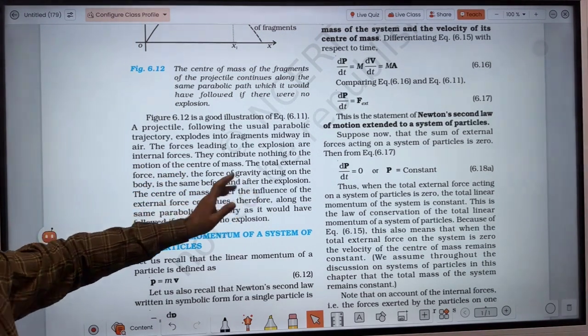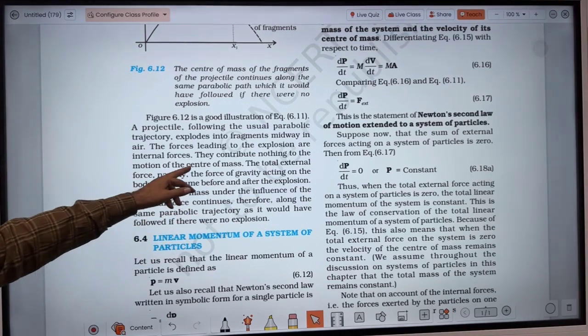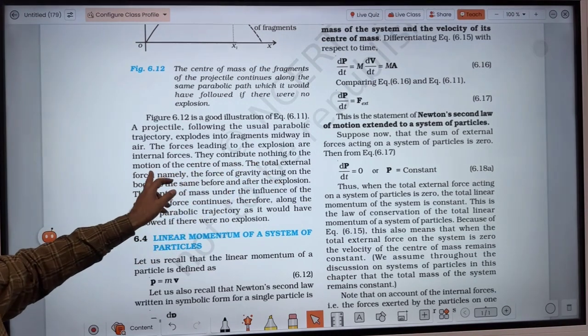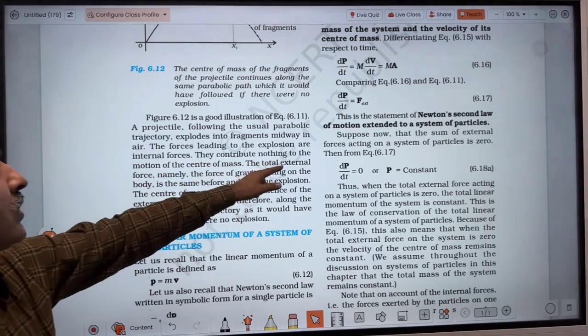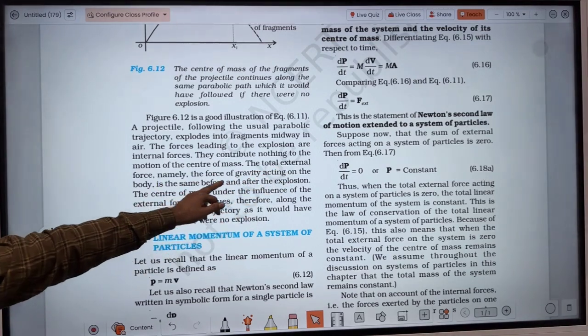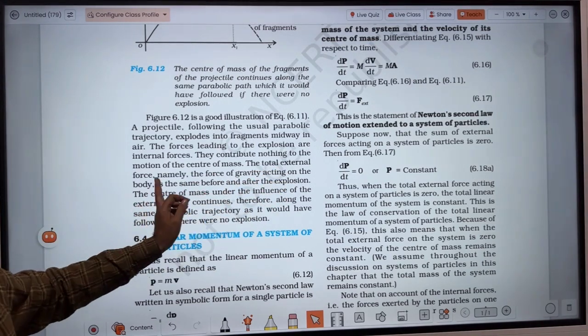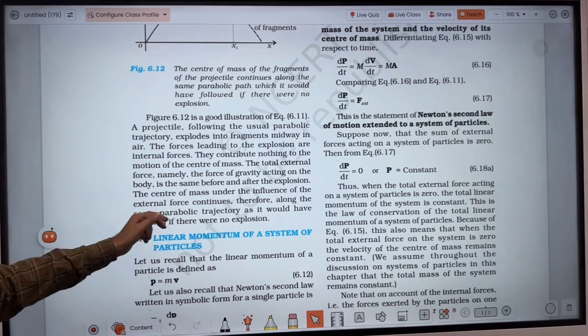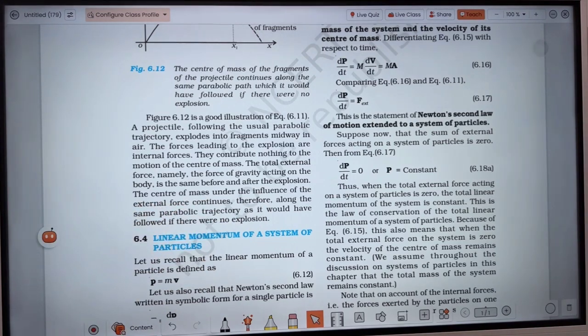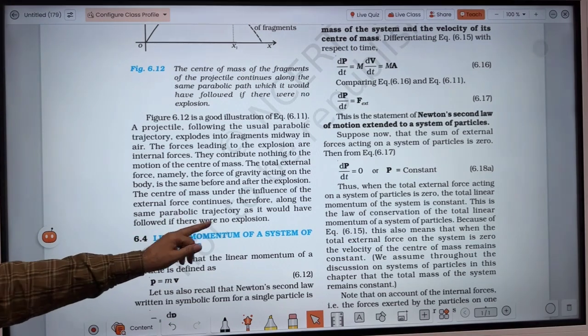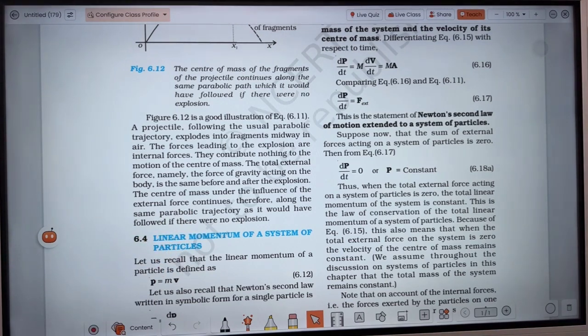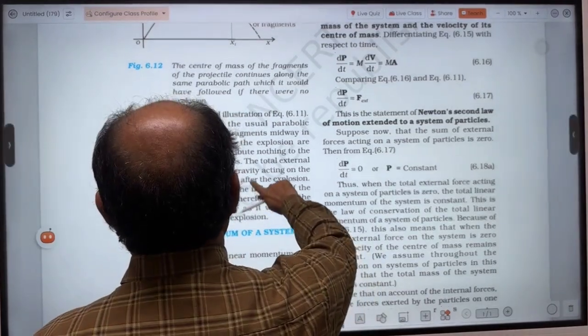If there are external forces, only then will the direction change. They contribute nothing to the motion of the center of mass. The total external force, namely the force of gravity acting on the body, is the same before and after the explosion. The center of mass under the influence of the external force therefore continues along the same parabolic trajectory as it would have followed if there were no explosion. So this is the logic here, that you understood.